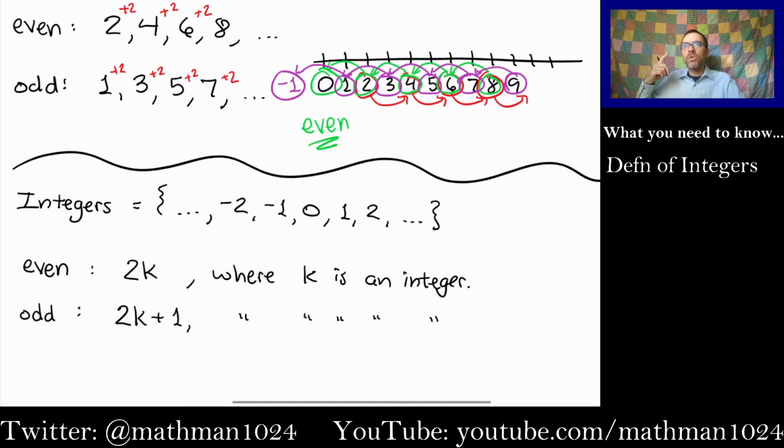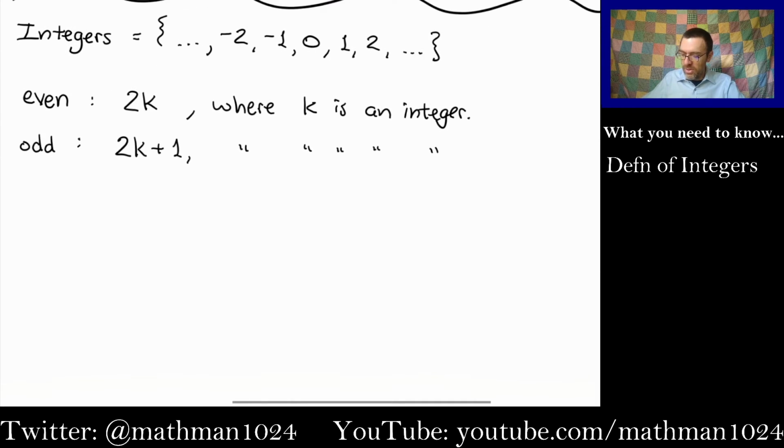Okay, so if we think about what that means for us, and just scroll down here for a second, that means that every even number is going to be of the form 2 times k, where k can be any one of these numbers that we see up here. So let's think about what that would look like. I'm just going to highlight this here in green because that's fun to do.